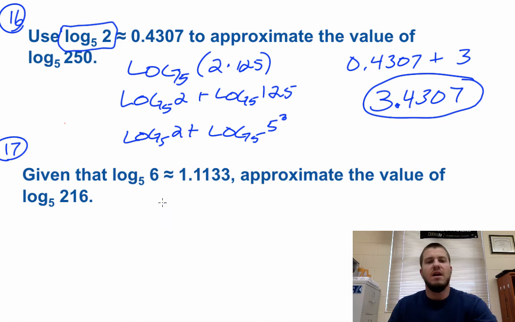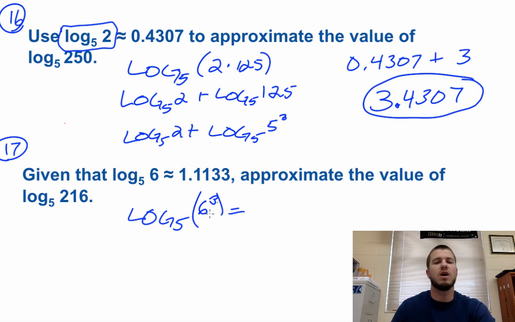Yay! And we can do the same thing here. I have log base 5 of 6, log base 5 of 216. I know log base 5 of 6. So what I can do, if you notice, 216 becomes 6 raised to the third.